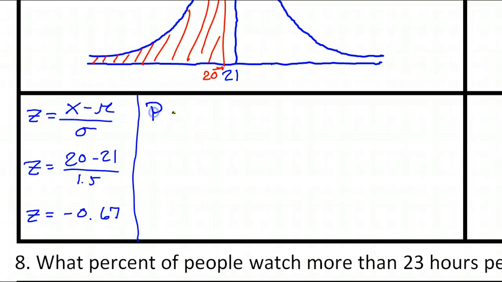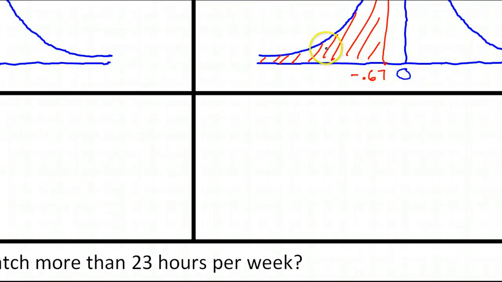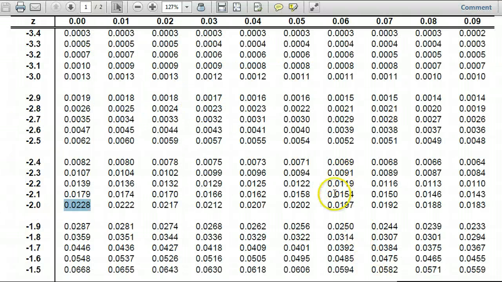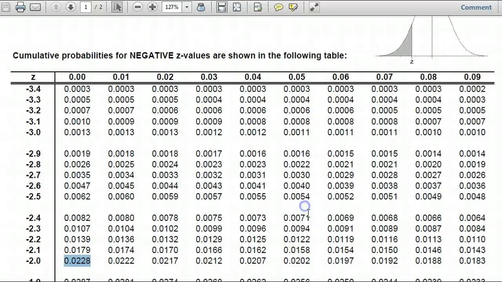So we are looking for the proportion of z-scores that are to the left of negative 0.67. We're looking for this. Well, that's what this table is all about. This table always gives you the proportion to the left of a certain z-score. All you gotta do is find it.